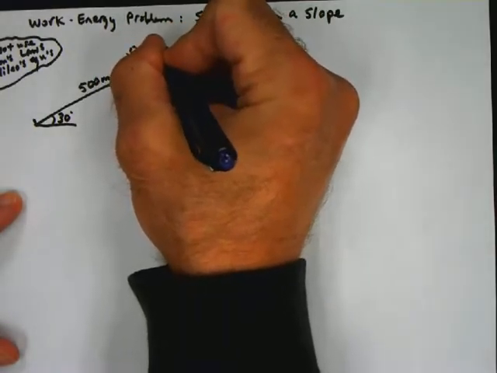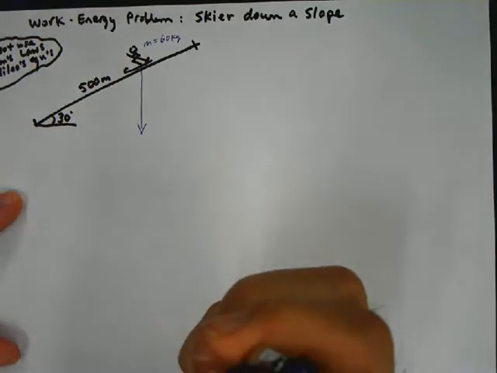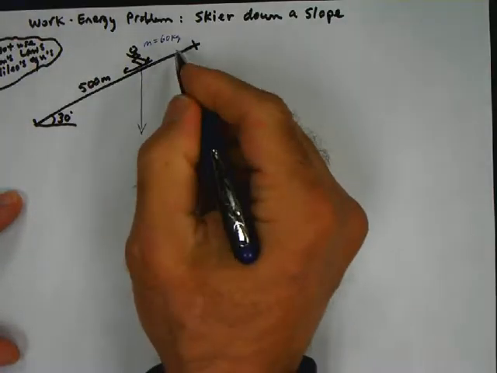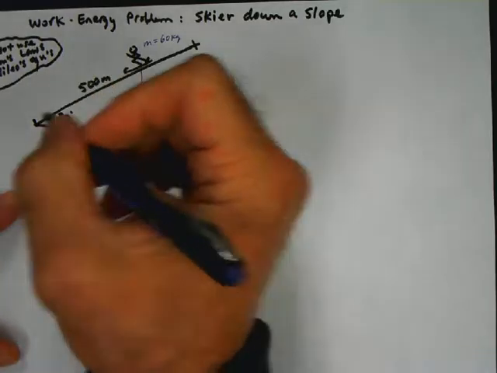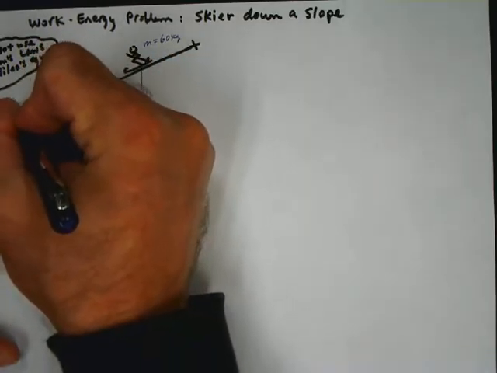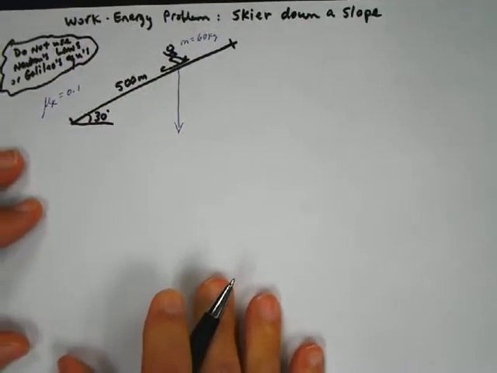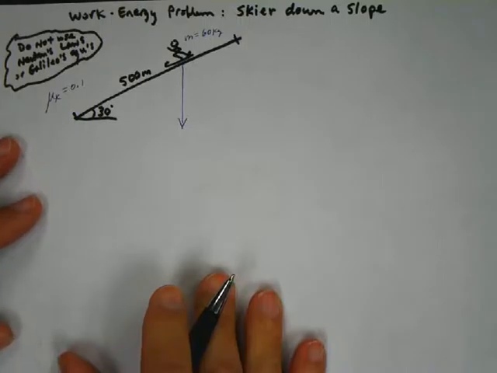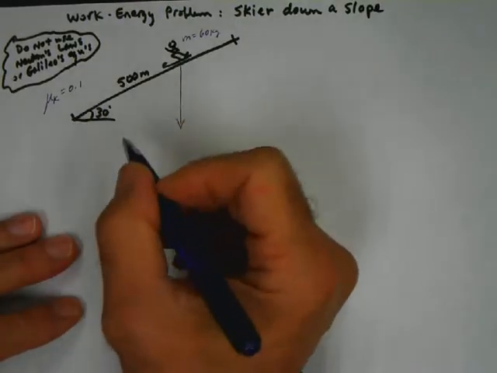Let's say that there is some friction between the bottom of the skis and the snow, so the coefficient of kinetic friction is equal to 0.1. And we know that the slope is 500 meters from start to finish.